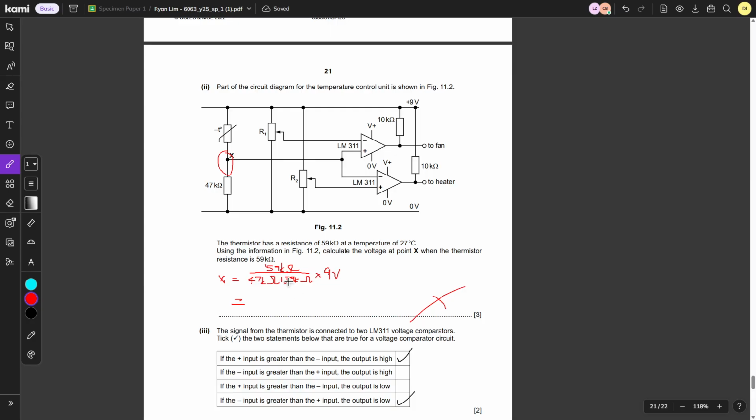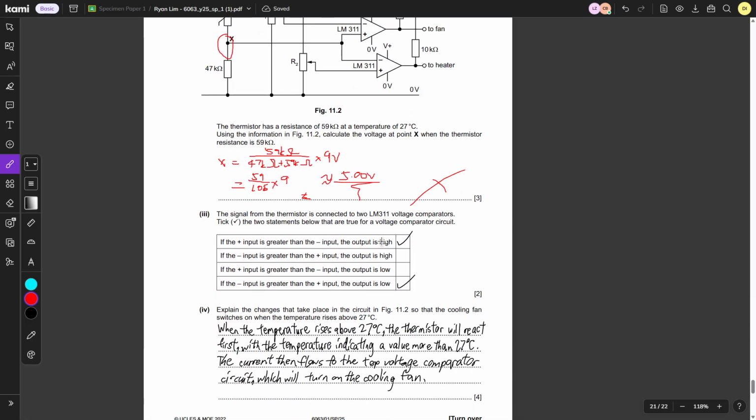Since all the prefixes are the same here, and it's a division, so pretty much it's a ratio, right? So I can just calculate this separately, which would be 59 over 106 times 9 lah. Then after that we get the voltage there would be around 5 lah. Around 5 volts. Okay, 5.1 lah, but close enough.